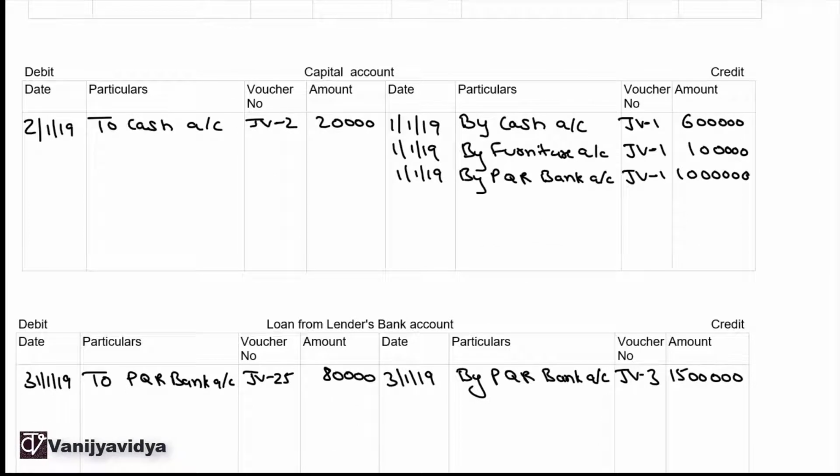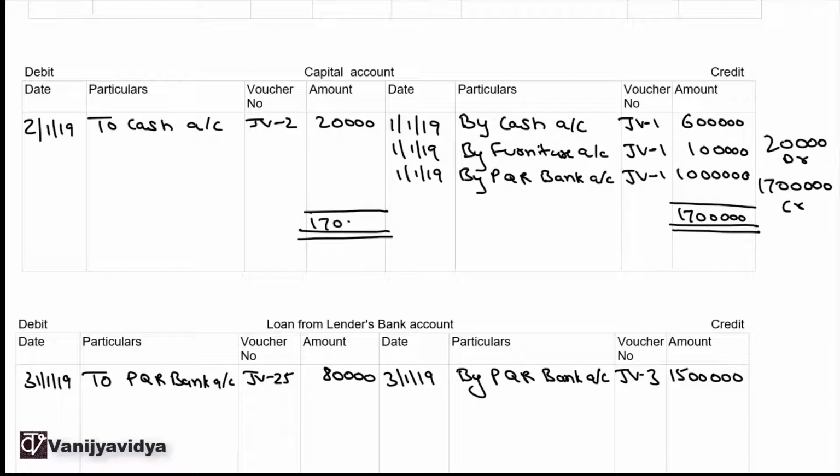Capital account. Total of debit side is 20,000. Total of credit side is 17 lakhs. So credit side total is greater. So we take a total of credit side 17 lakhs. We write it on both sides. Then on the debit side, since the total is less, on 31st Jan 2019, to balance carried forward, that will be 17 lakhs minus 20,000.